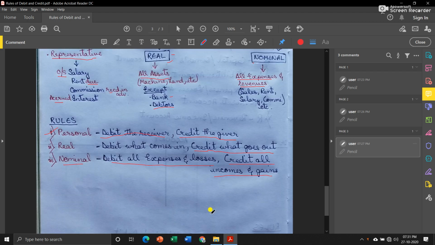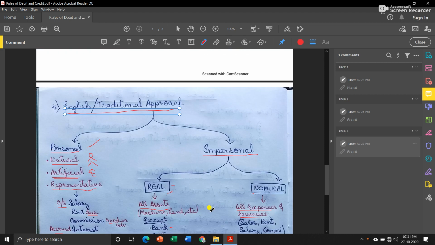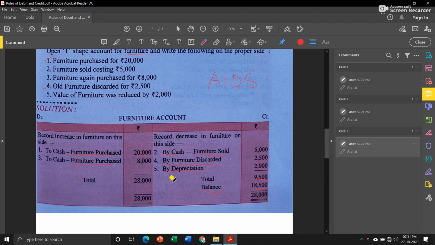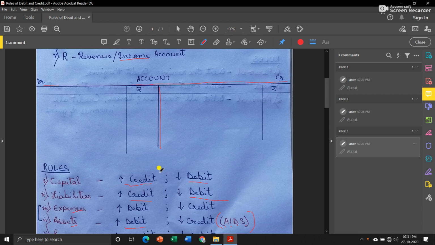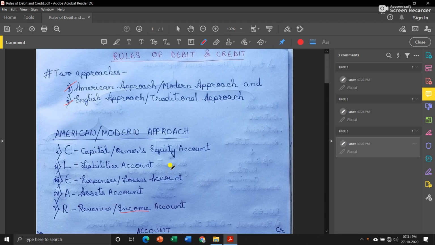Now these were the rules regarding the traditional approach, but basically for doing T-shaped accounts we go with the modern or American approach, and for journal entries we use the traditional approach. Today we will discuss only these rules of debit and credit, and in our next session we will be solving some questions related to these two types of approaches.